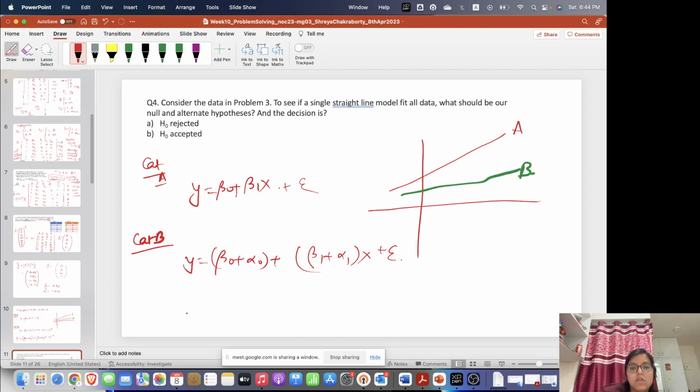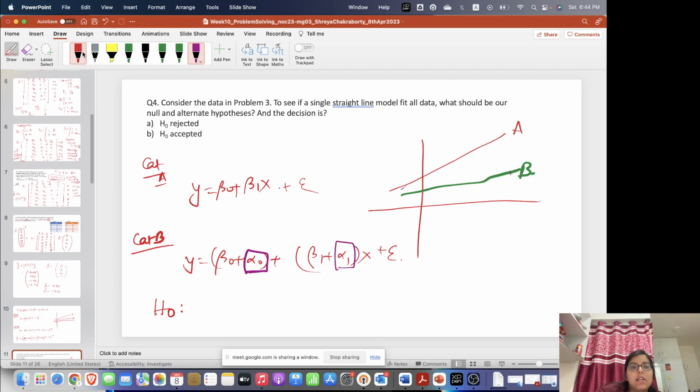So the hypothesis is, when will a single line such as this fit all sorts of data? In that case, two categories are not required, only one is sufficient. The change is being caused by these two terms.